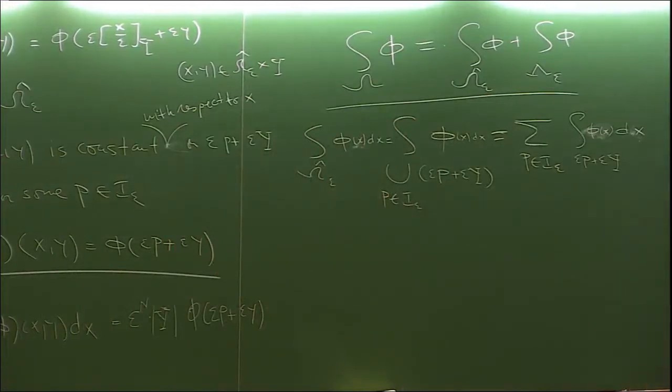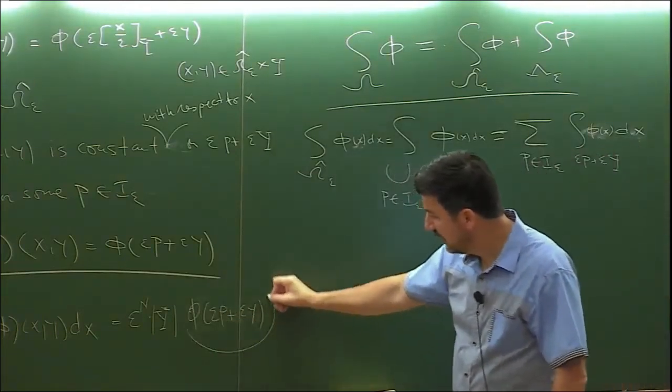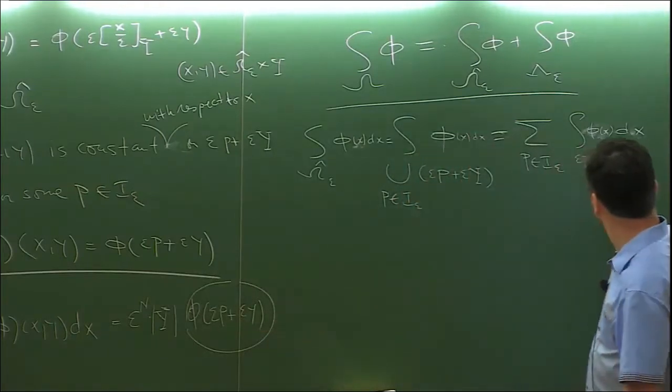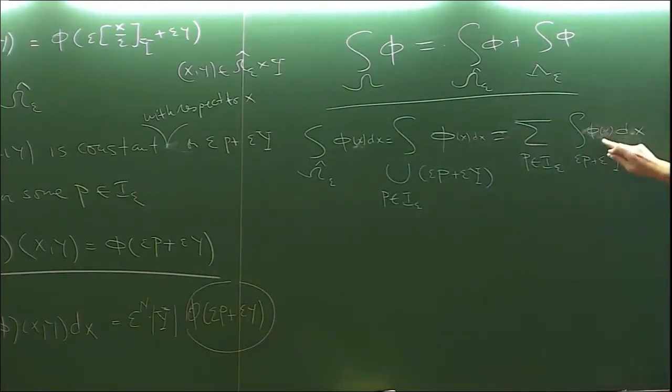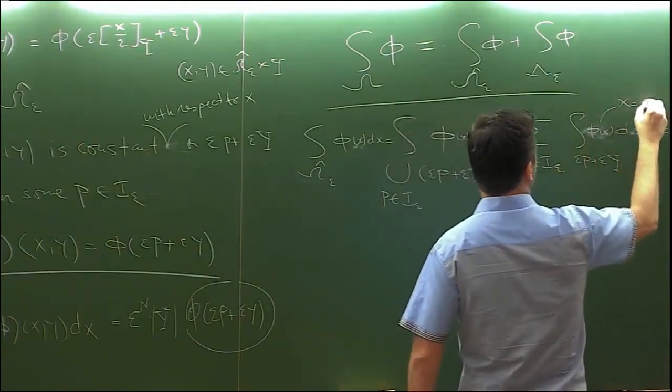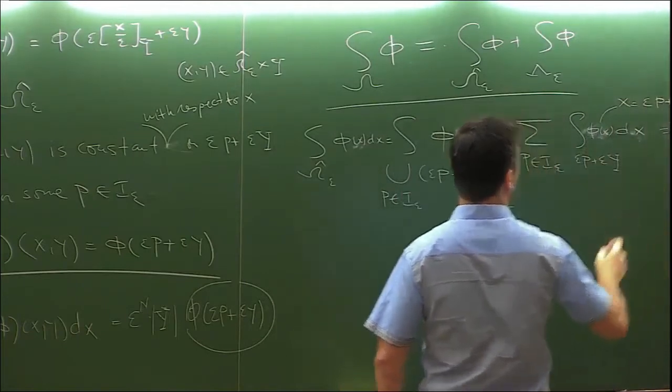But what do I know? The minute I'm focused on a cell, phi of epsilon p plus epsilon y, here, this is what I need to do a change of variable. I put x to be epsilon p plus epsilon y.